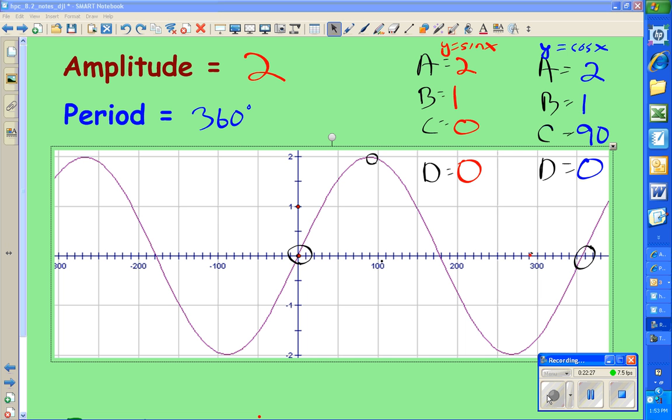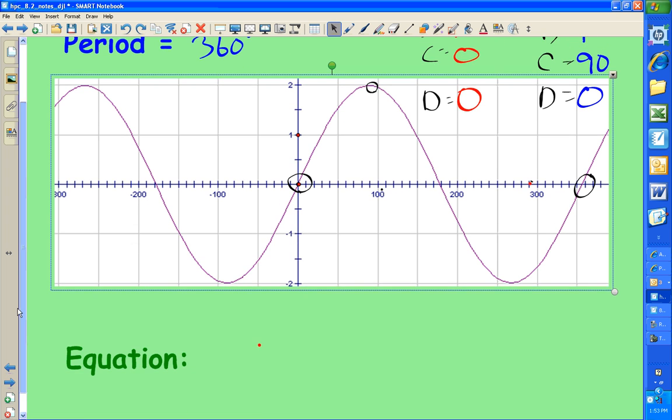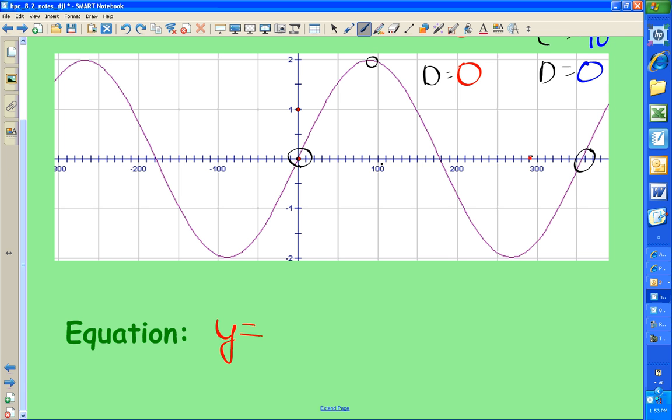Okay, so now you have to write the equations. So based on what we have up here, y equals sine or y equals cos, we're going to write 2 equations. If you're going to do the sine function, you're going to get y equals, what was the amplitude? 2 times the sine of x, and that was it, right?